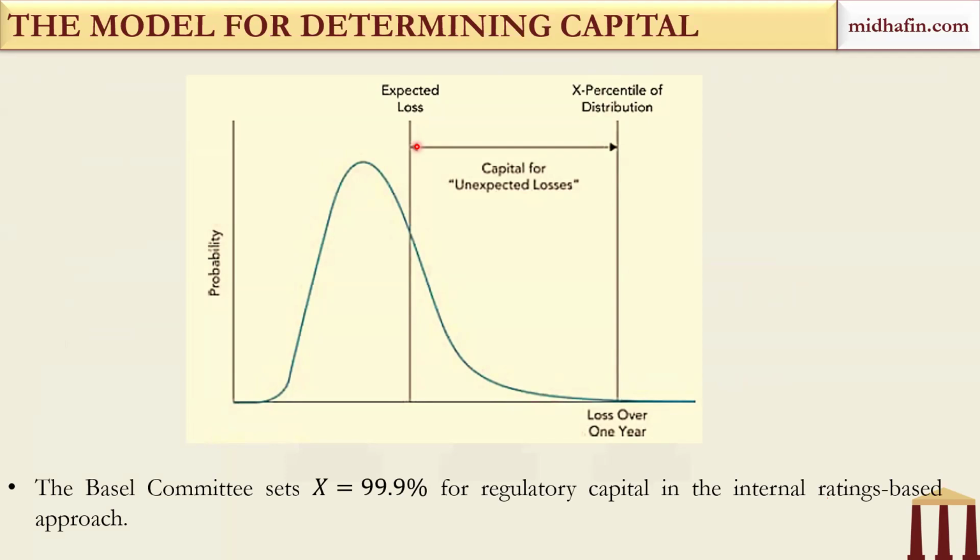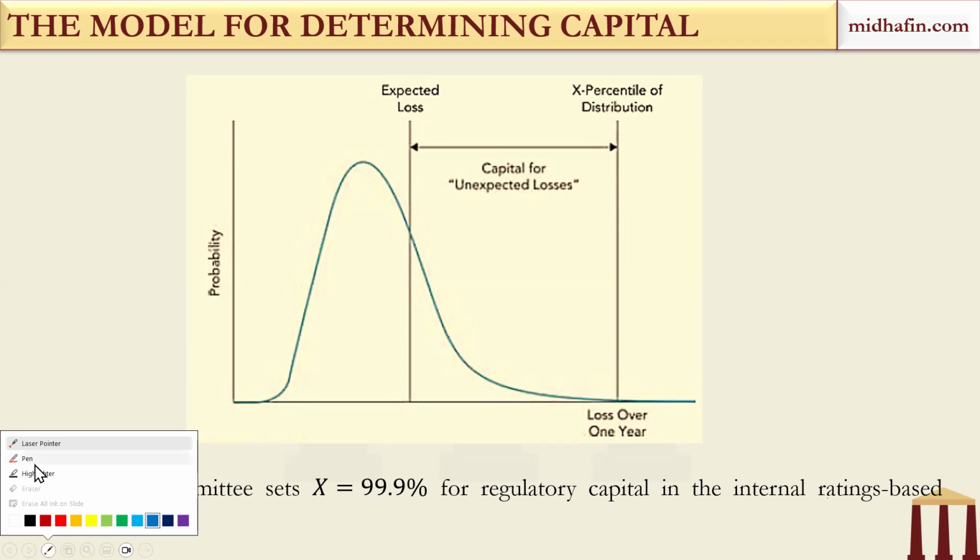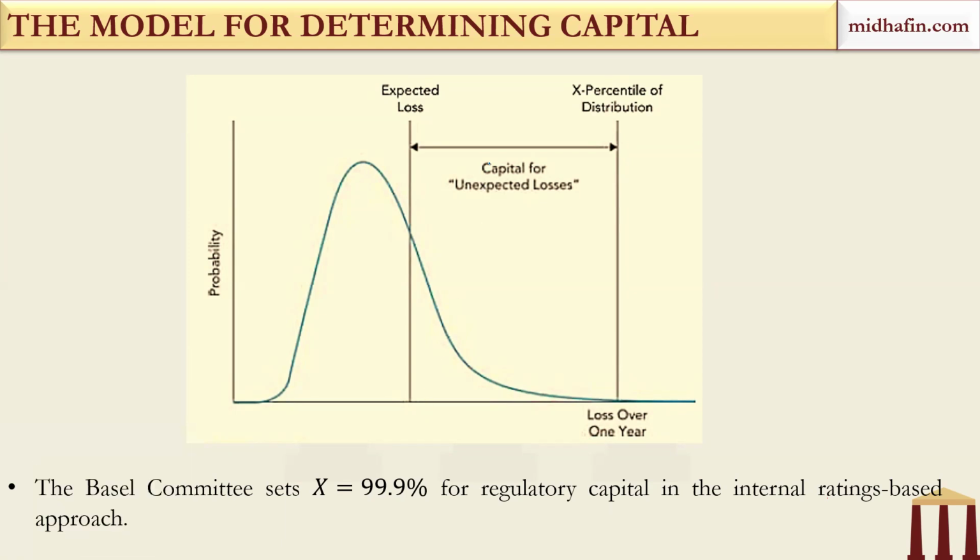This diagram, you should not look at the probabilities. This diagram will be correct only if you look at the x-axis, or only the losses over 1 year. So the difference between the horizontal coordinates, the x coordinates, this difference is okay. But the mistake that candidates make is they also confuse the same diagram with the probability.